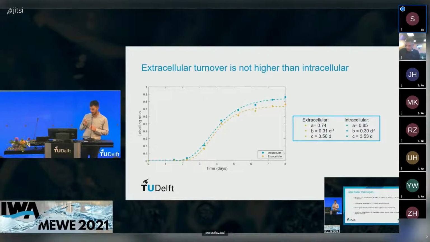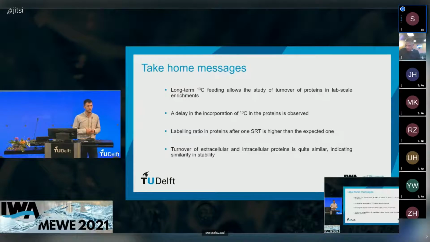So as a take-home message, I want to show that indeed we can use these long-term 13C feeding strategies to study the turnover of polymers in this type of enrichment. We see in our data a delay of the incorporation of the 13C, probably due to the polymers and intracellular polymers.